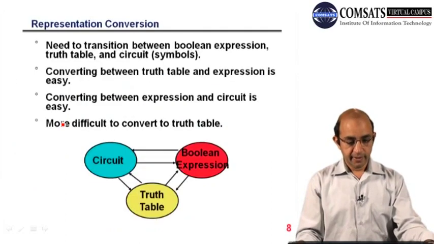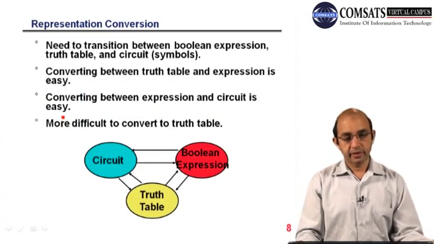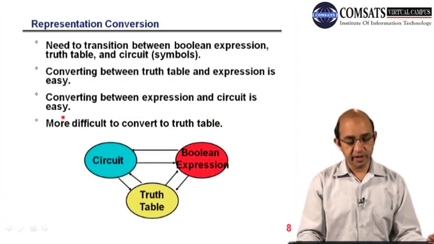And then we need representation conversion. Here you can see that if we have a circuit, we can get the Boolean expression, and from this circuit we can also draw the truth table. If you have a truth table, you can go for the Boolean expression, or you can also have the circuitry.